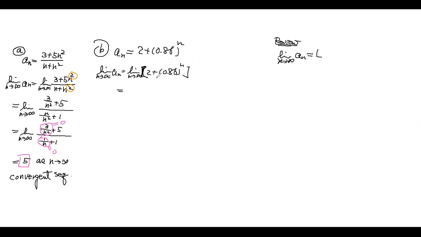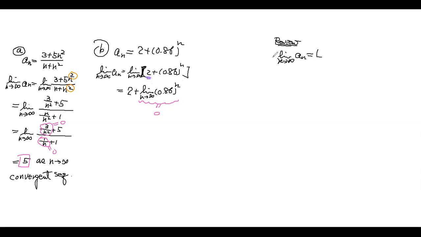The 2 is by itself and has nothing to do with n, so when you take the limit, it doesn't matter, and the 2 comes out. Then it will be 2 plus the limit of (0.6)^n, and I know this term approaches 0.